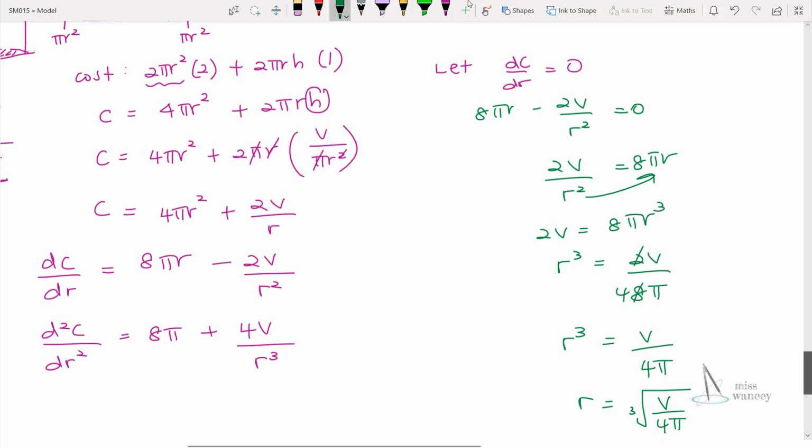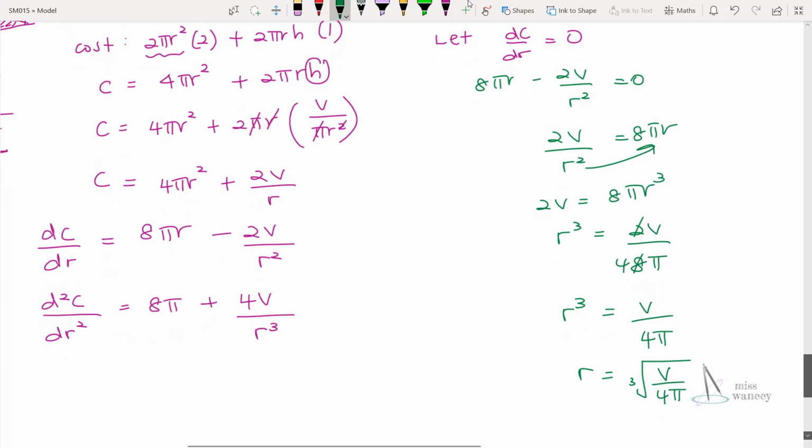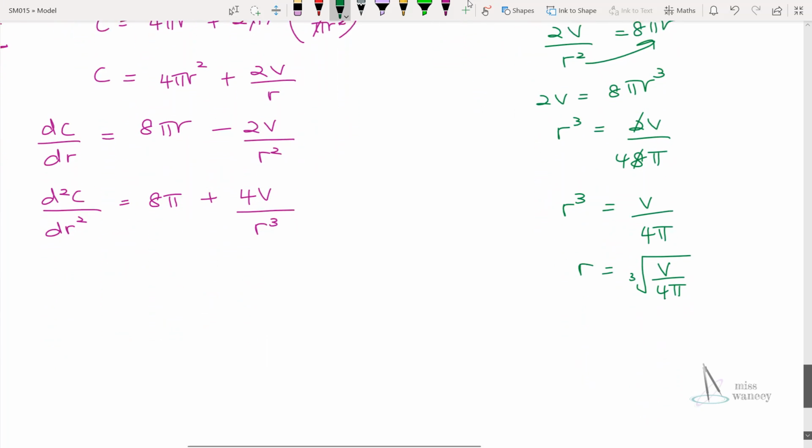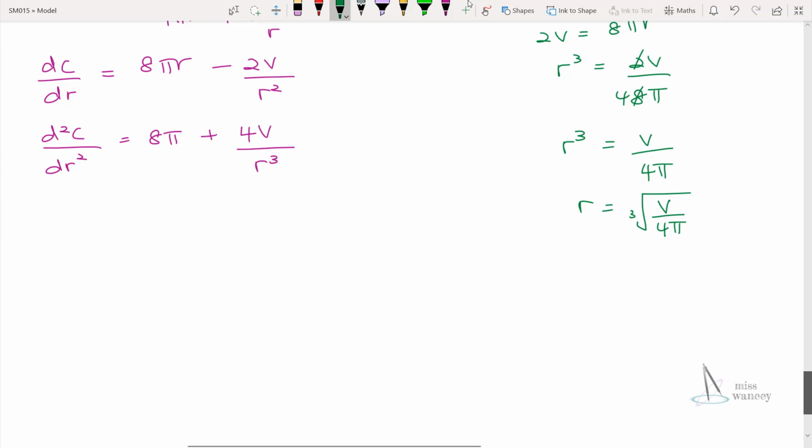So I'm going to substitute inside the second derivative because I need to make sure I do have a minimum value. So when r³ is equal to V over 4π, then d²C/dr² is equal to 8π plus 4V over V over 4π.